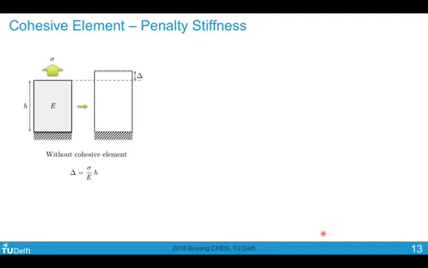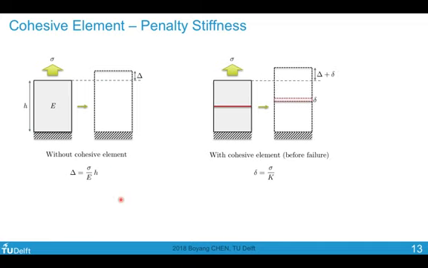Let's take this simple example of just a block of material under uniform tension. It has a height h and Young's modulus of E. Then the top surface would have a displacement of capital delta, which equals this expression. What if I want to model a crack propagation within this material? Let's say I know that the crack is going to happen here, and I put this cohesive element before analysis.